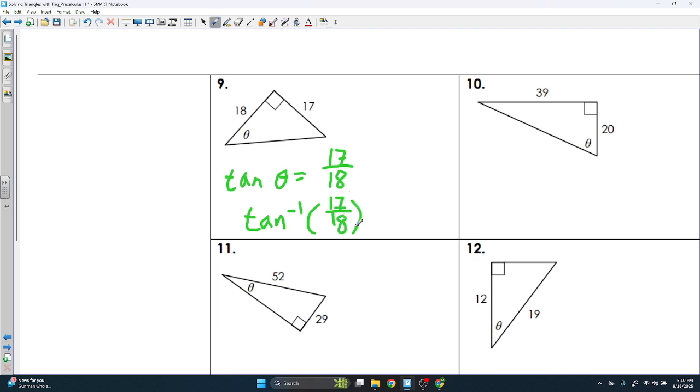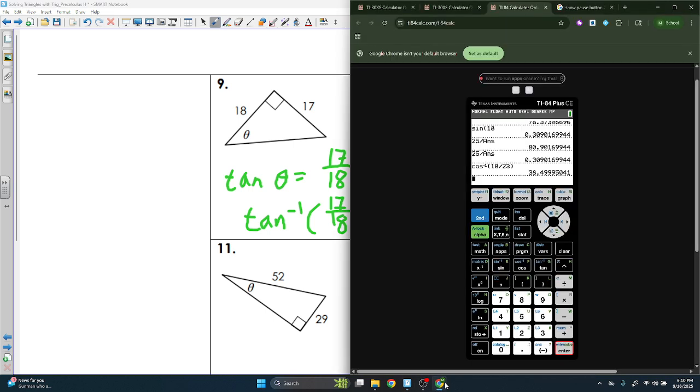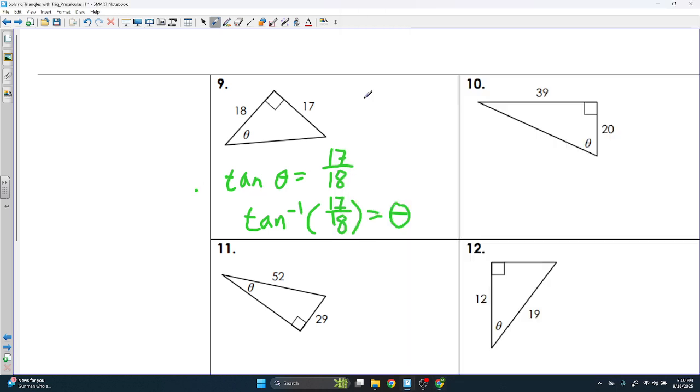This is what your calculator will look like, and that will give us theta. So all we need to do is go and type that in. So second tangent, you see that tangent to the -1, that's arctan, or inverse tangent. We're putting a ratio in, and we're getting out an angle, 43.363.